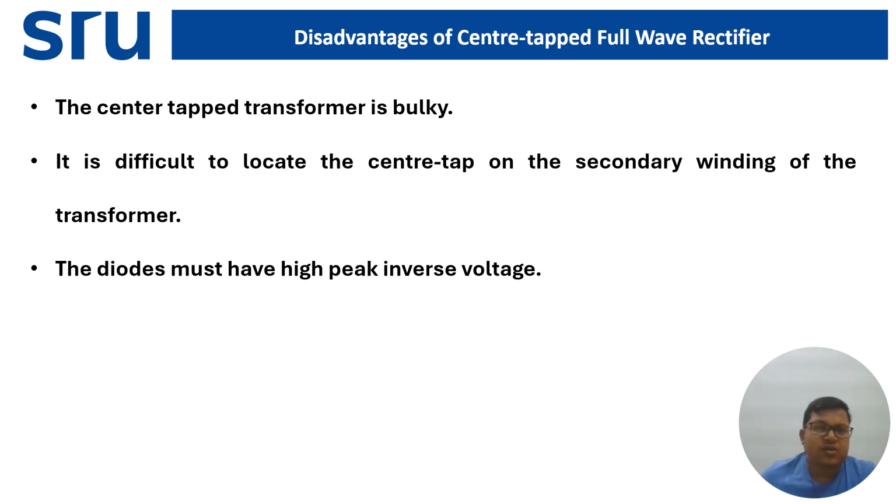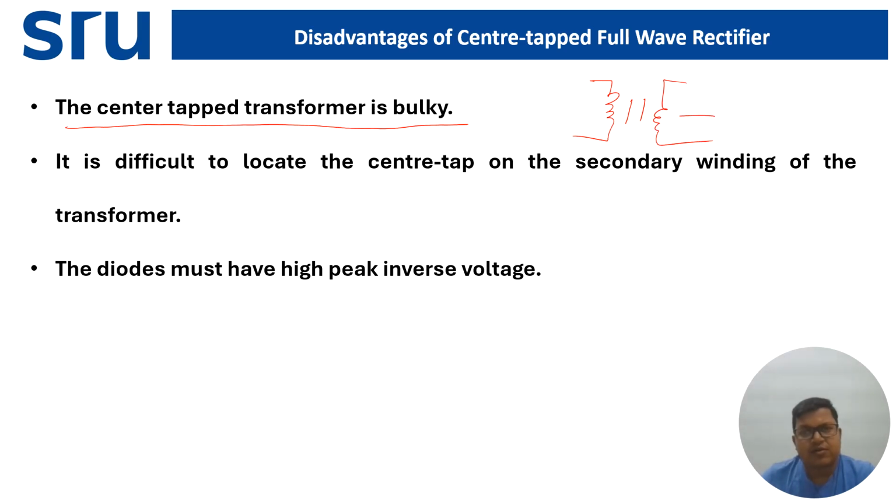So the first one is saying that the center tap transformer is bulky. Obviously, the center tap transformer has all these coils and everything, which makes it bulky. The entire component is bulky in nature and heavy also.